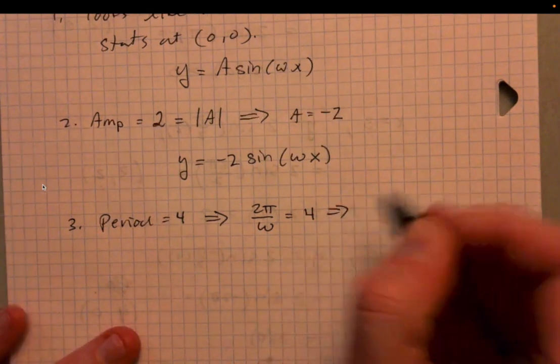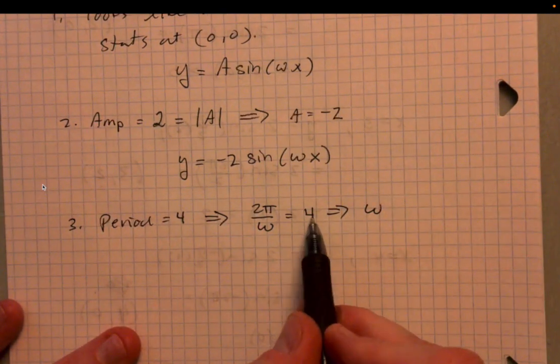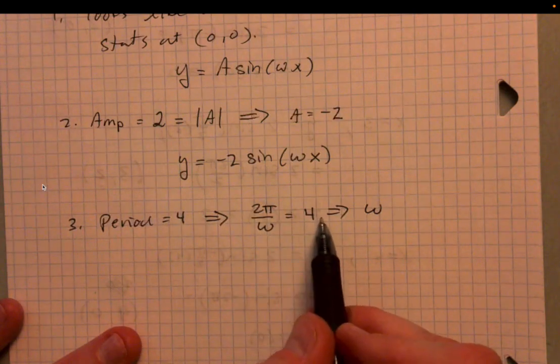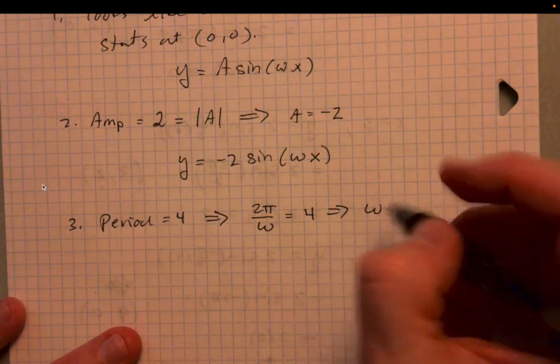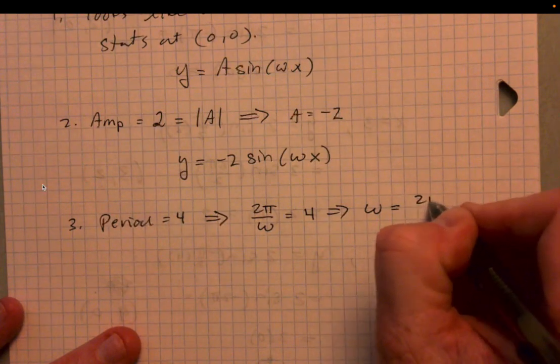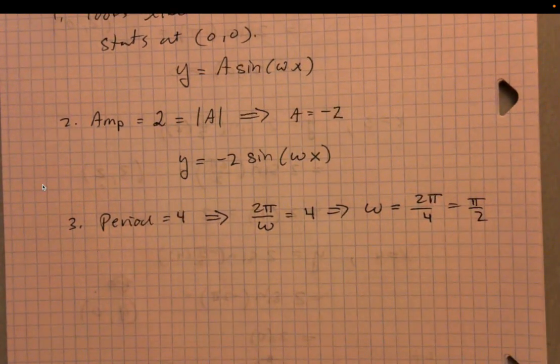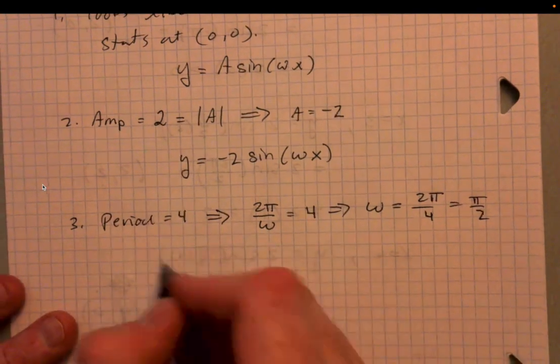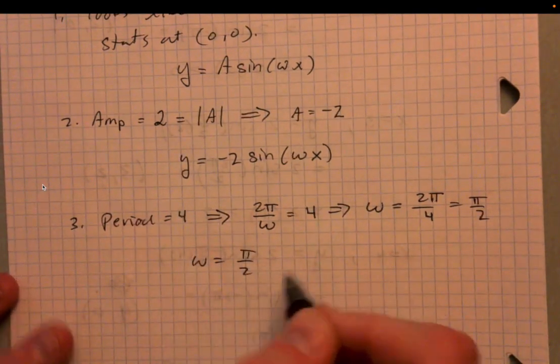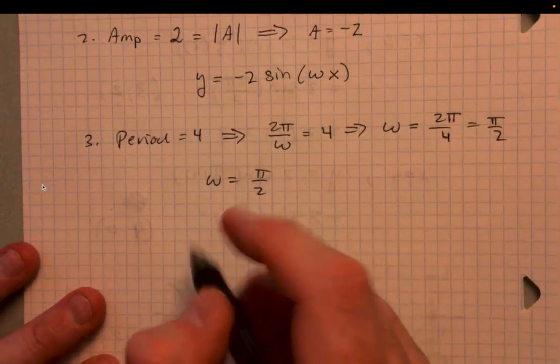We can just do a little bit of algebra here, and namely divide both sides by 4 and then multiply both sides by omega. And so you get omega is equal to 2 pi over 4, which is pi over 2. So omega equals pi over 2. And that tells me the final piece of information that I need.